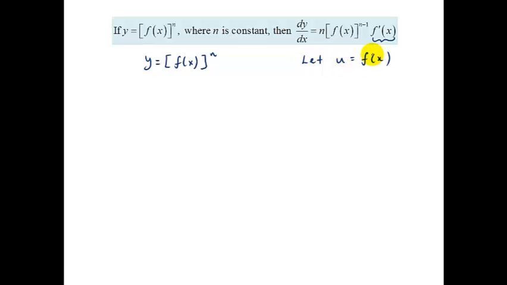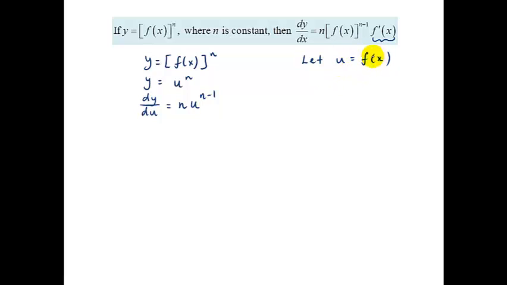And since I let u be f(x), my y can then be written as u to the power n. If I differentiate y with respect to u, applying the first formula we learned just now, I bring down the power n, and power n minus 1, and this is dy/du.